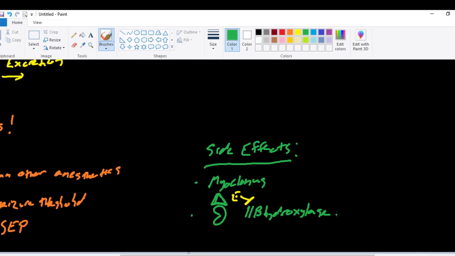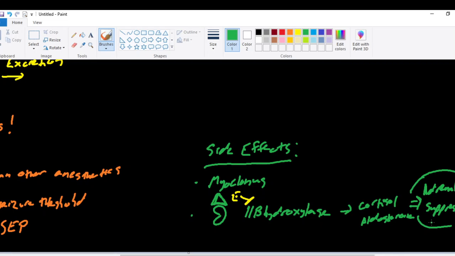And the function of 11-beta hydroxylase is to ultimately produce cortisol and aldosterone. So if you inhibit 11-beta hydroxylase, you have decreased cortisol, decreased aldosterone, which could lead to adrenal suppression and insufficiency. And that could be potentially dangerous and life-threatening. So that's one of the big side effects and special characteristics that you need to know about etomidate.